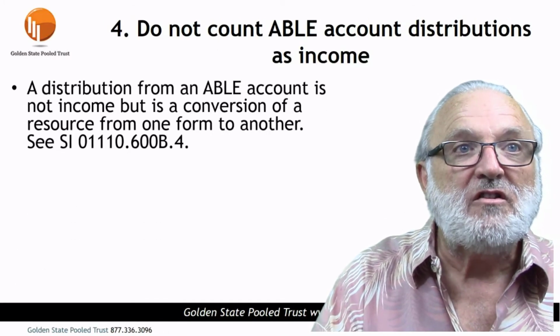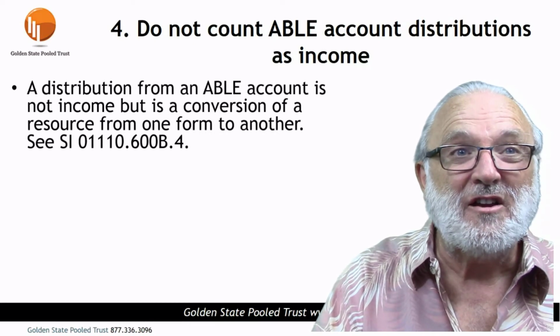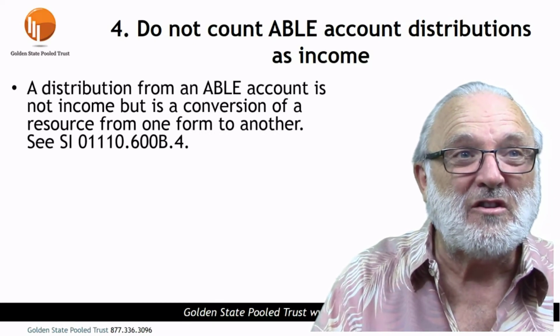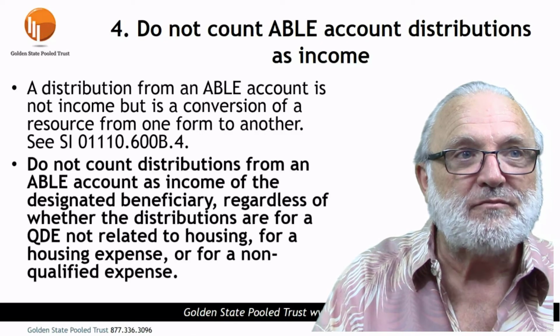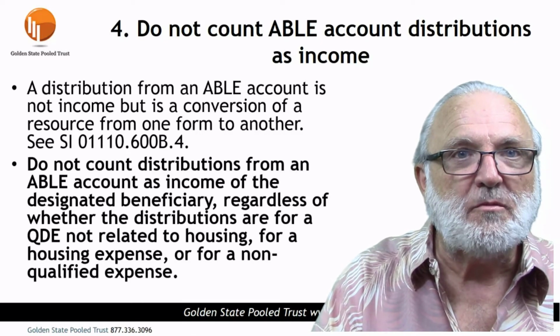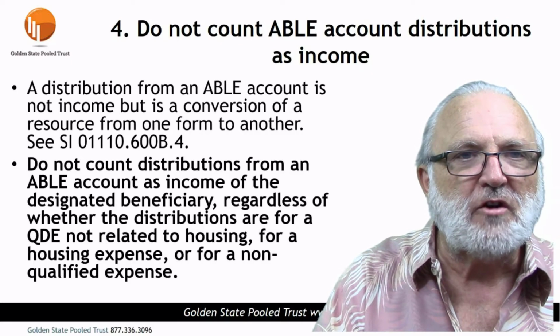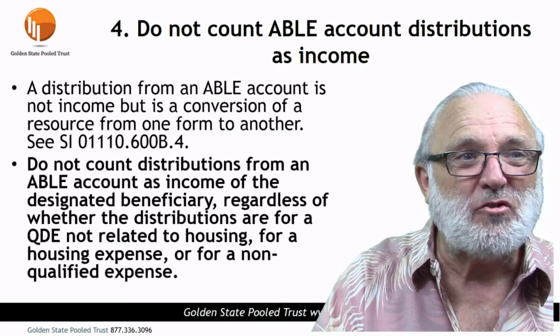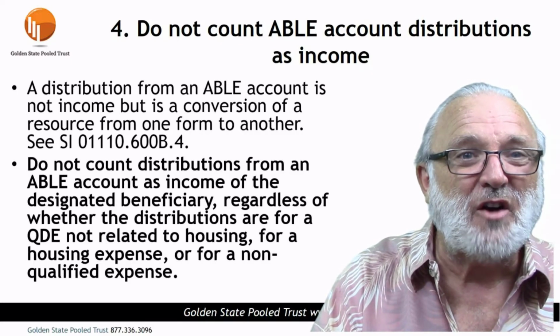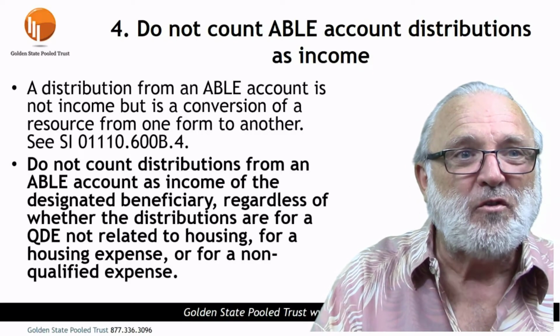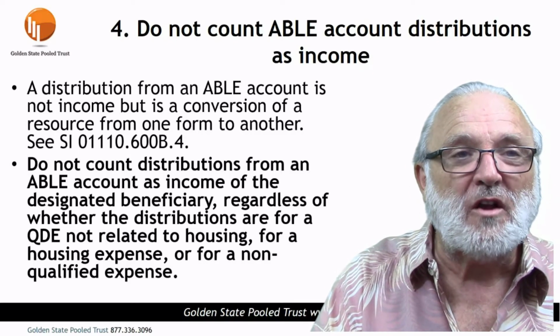So, a distribution from an ABLE account is not income, but it's a conversion of a resource from one form to another. And it says, do not count distributions from an ABLE account as income of the designated beneficiary, regardless of whether the distributions are for a QDE not related to housing, for a housing expense, or a non-qualified expense.